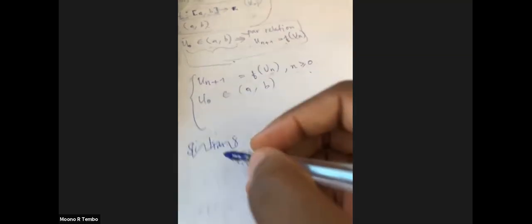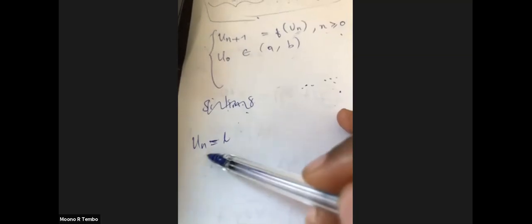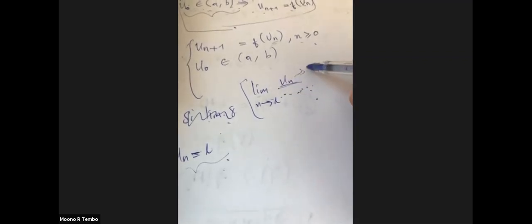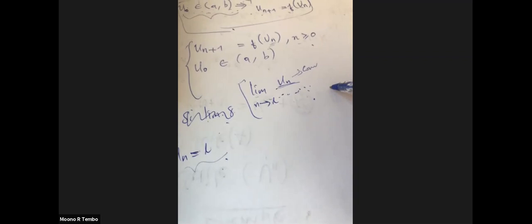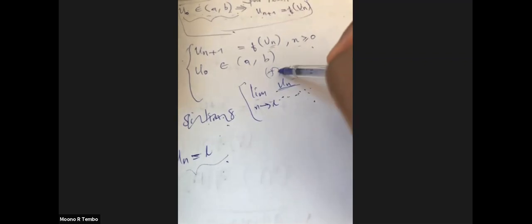So for us to verify that, we have to say our limit of U_n is going to be equal to our L. This is a way of verifying the relation between the limit of n approaching infinity and the U_n there, because in this case we know that this U_n is converging by definition, and there's going to be an F somewhere because we're looking at a recurring suite.